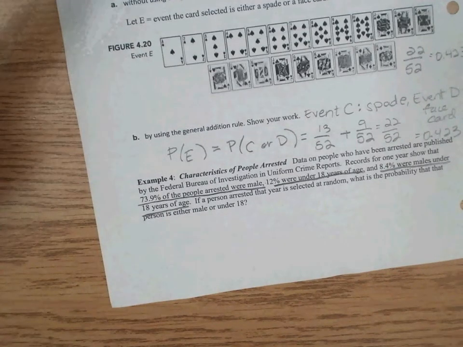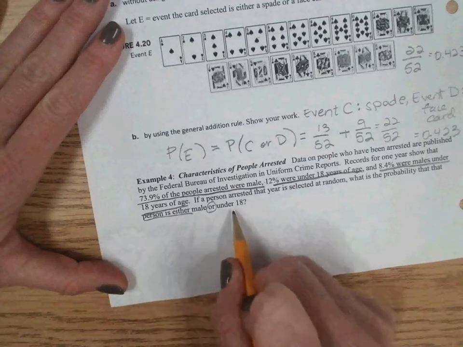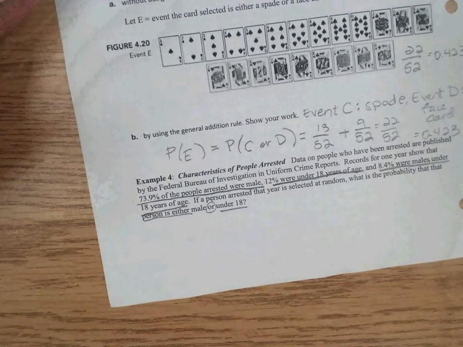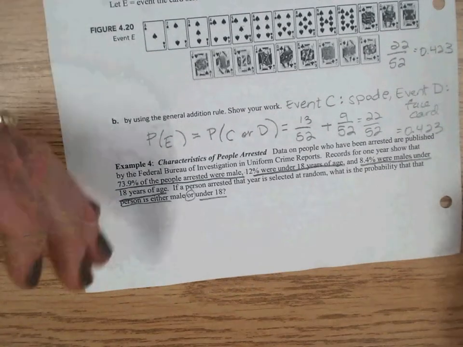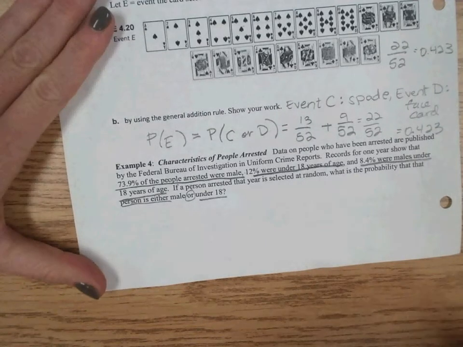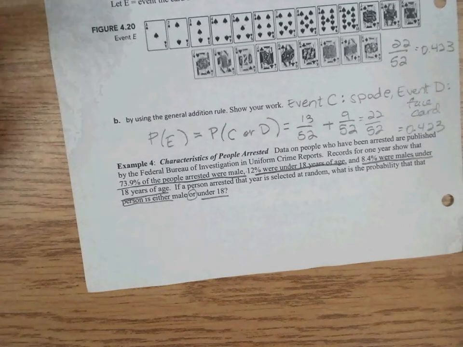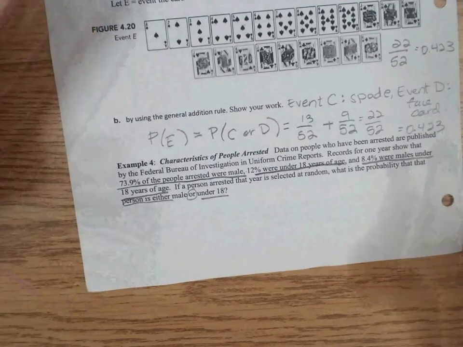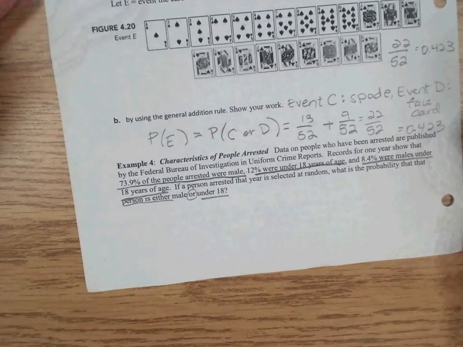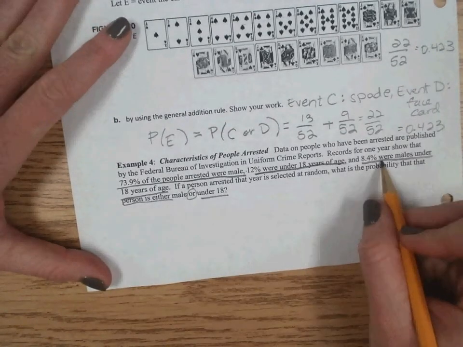If a person arrested that year is selected at random, what is the probability that the person is either male or under 18? Now here's a case where we don't have the sample space, and the information that we have to go on, we could create different events or name different events, and then use our general addition rule. You can see that there is overlap here, so we have to use the general addition rule.